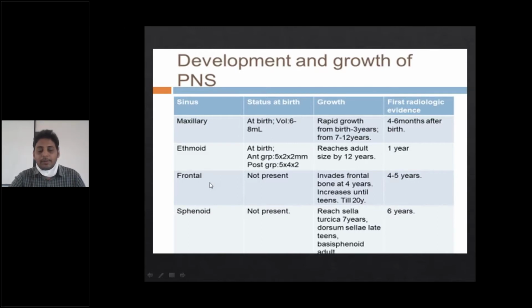So last to develop and last to attain adult size is frontal sinus. Another MCQ is the first radiological appearance. The maxillary sinus is the first sinus to start developing at birth, and also the first sinus appearing radiologically, which is 4 to 6 months after birth.